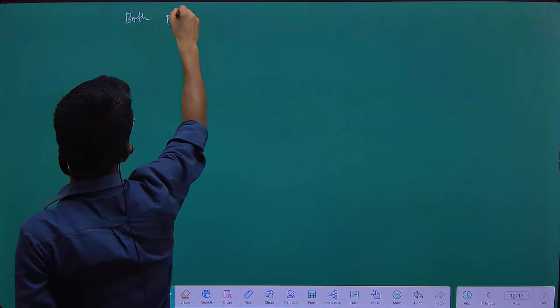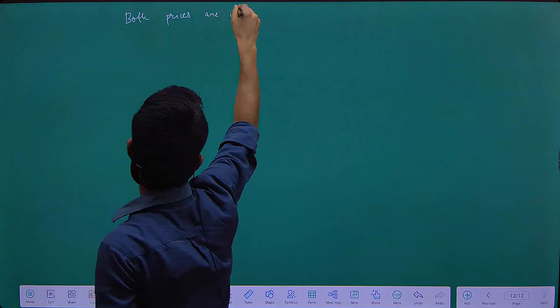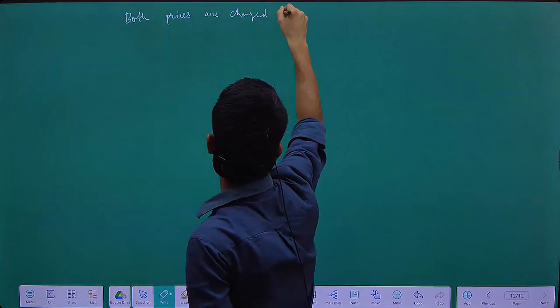Now suppose both prices are changed in the same proportion.